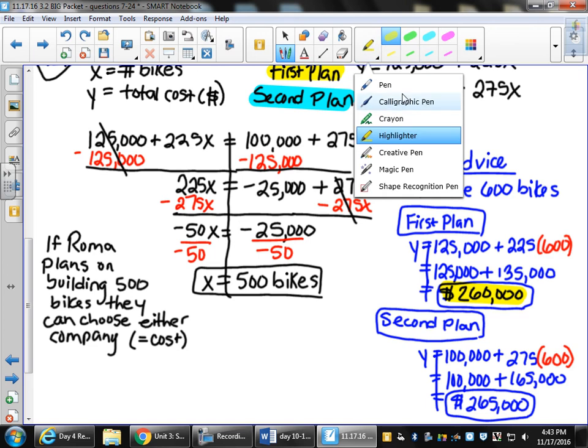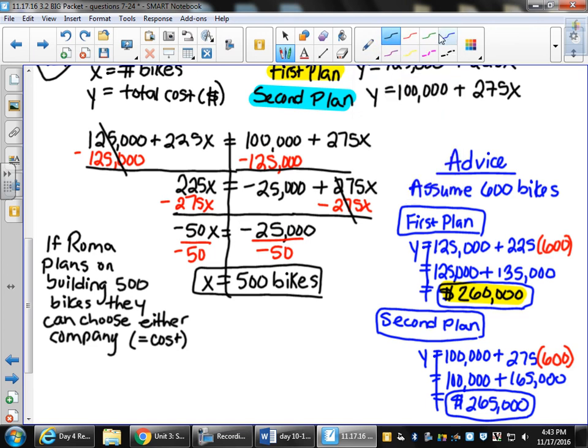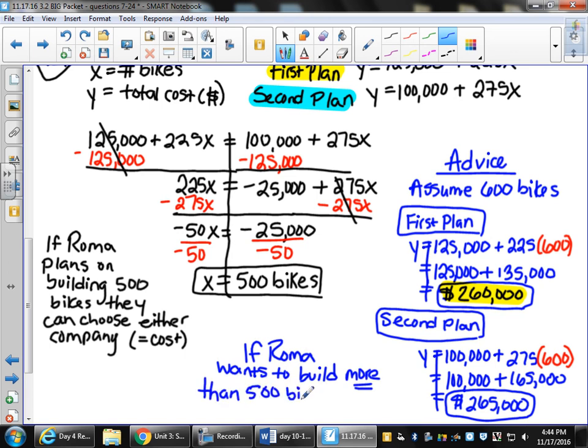So our advice will be, if Roma wants to build more than 500 bikes, choose the first plan.